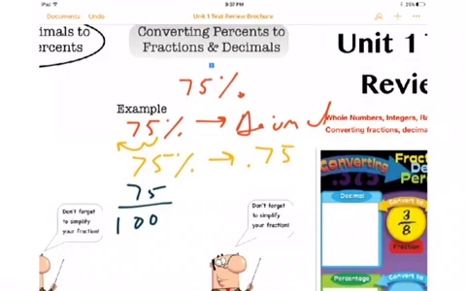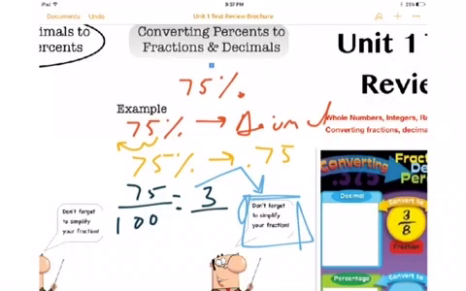It looks good, but don't forget to simplify your fraction. 75/100 can be simplified, and if you think of quarters, 25 goes into both values. You could also reduce by 5s, but 25 is a more direct way to simplify it to the lowest terms. So 25 goes into 75 3 times and into 100 4 times.